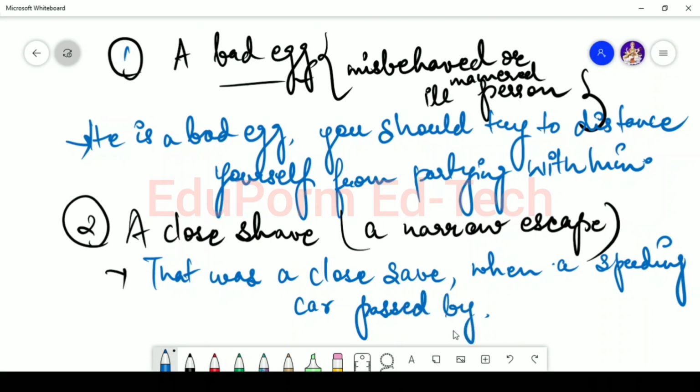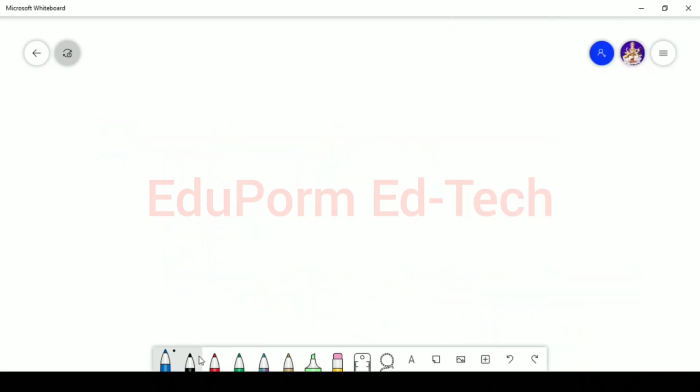Okay, that was a close save when a speeding car passed by, means there has to have, like, an accident could occur there, and that was a slight escape, it was a narrow escape, means हल्के से के लिए बच गए. ठीक है. Now let's talk about some of the more idioms.